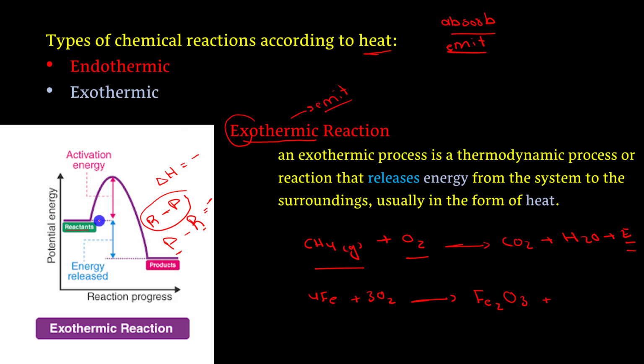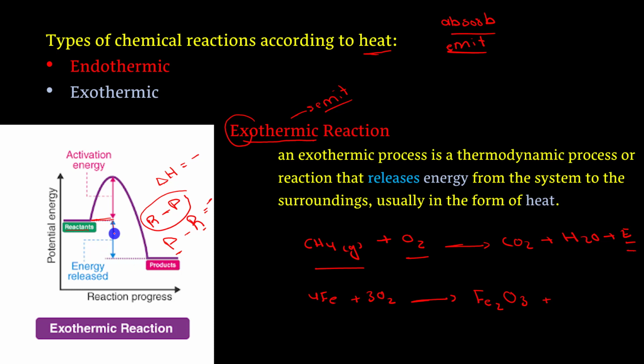If you look at this graph, look at the reactants' energy. The reactants got more energy for the activation. After activation, while they react with each other, they release the energy. This is the energy level that they had before the reaction, and this is the energy level that they have after the reaction.